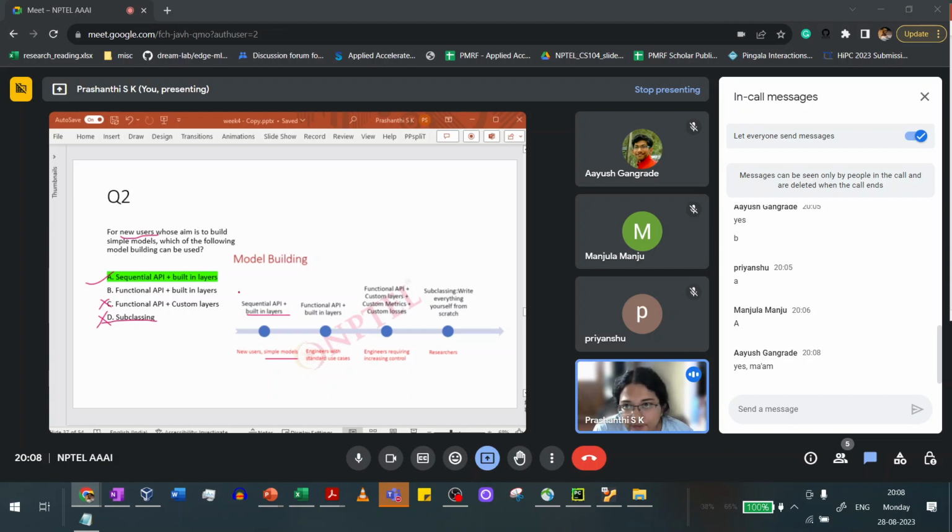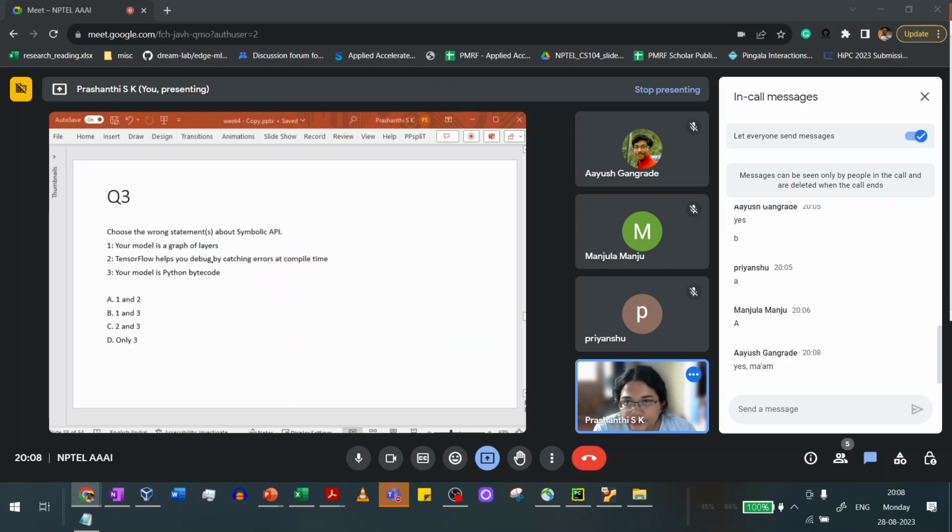Okay, let's move to the next question. Choose the wrong statements about symbolic API. One, your model is a graph of layers. Two, TensorFlow helps you debug by catching errors at compile time. Three, your model is Python bytecode.